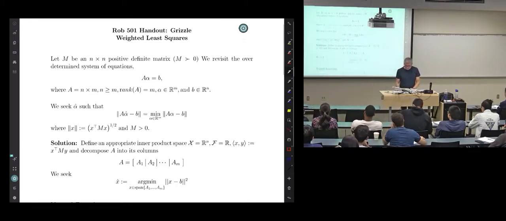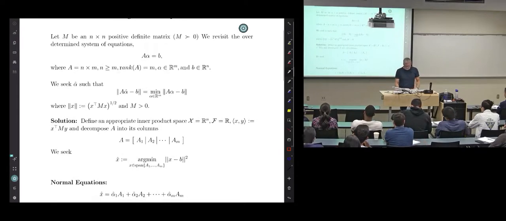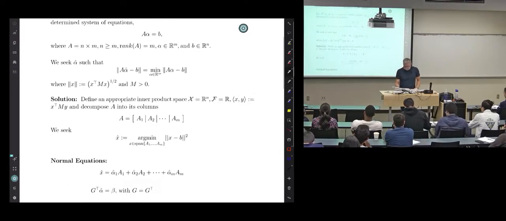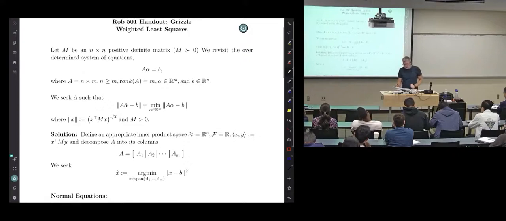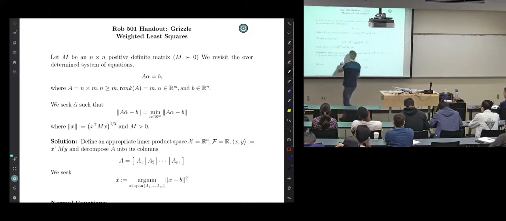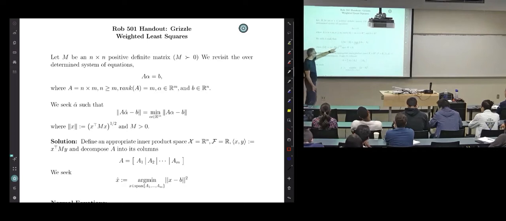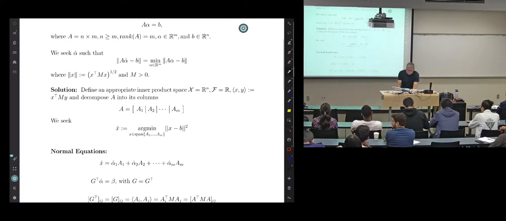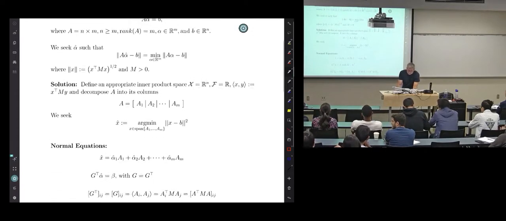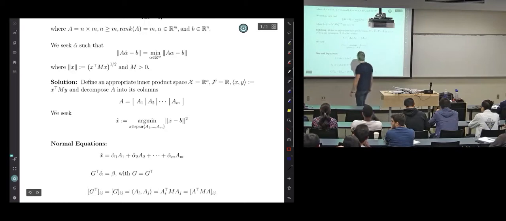So I just want to resolve the regression problem when I don't have the identity matrix in here. We solved it earlier, and you have used it in your homework when M is the identity. I think you're pretty good with that. So the solution is, we use the projection theorem.